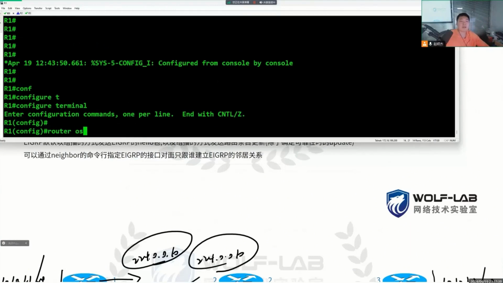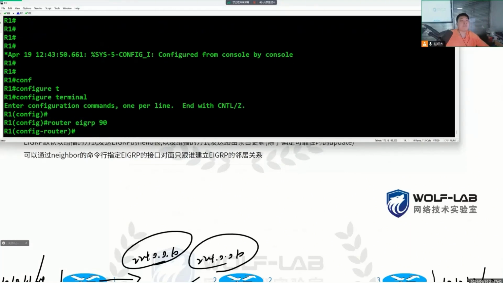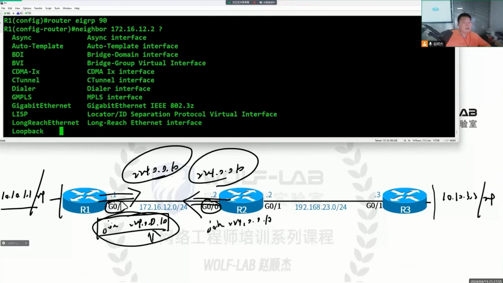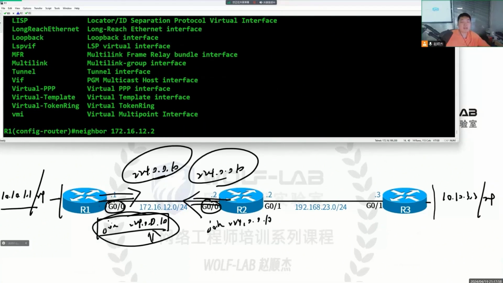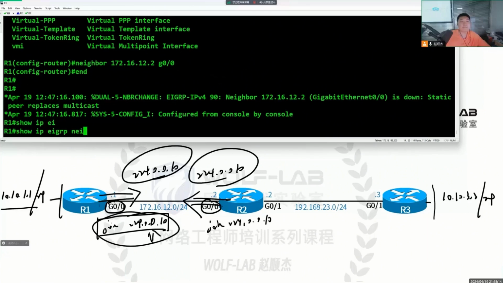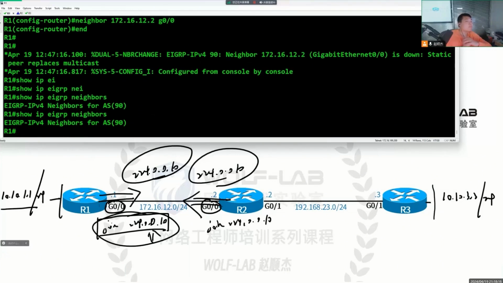Go ahead. At this time, you'll find that the neighbor relationship between R1 and R2 immediately goes down and can't come up. Why, students? Please note, if you use the neighbor command to specify an interface in EIGRP, you only establish an EIGRP neighbor relationship with a certain address. Then this interface will no longer send or receive any EIGRP multicast packets, including hello, update, and our subsequent query.